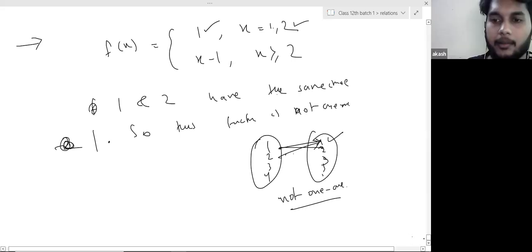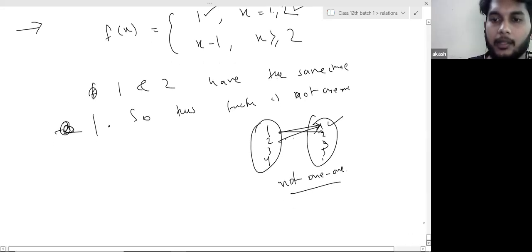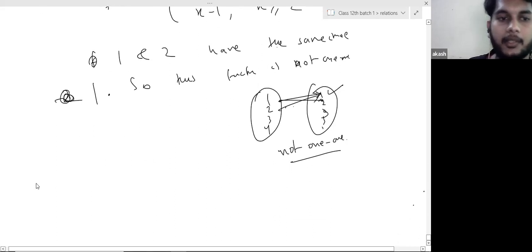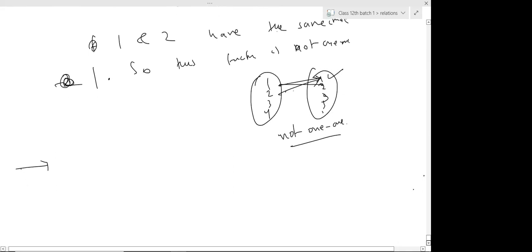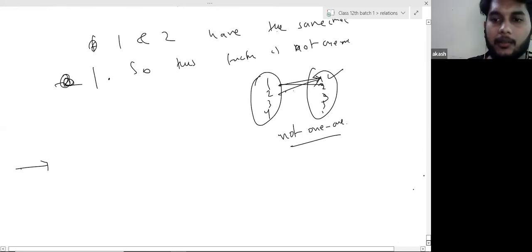Let's move on then. In the last class, we learned how to check one-one function, right? If a function is one-one or not. Shikani, can you tell me how to check that? What did we do in the last class?